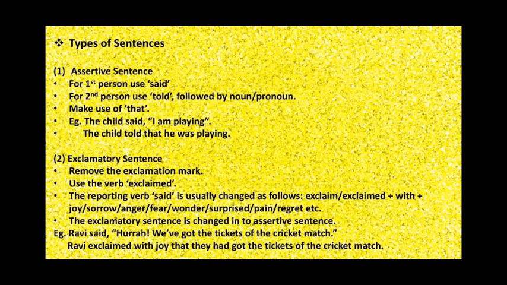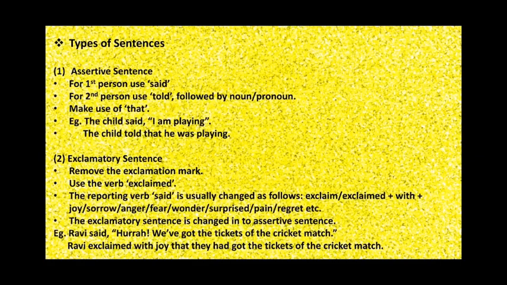So instead of said, we can use exclaim or exclaimed, followed by with, then whatever the expressions are. It may be joy, sorrow, anger, fear, wonder, surprise, pain, regret, etc.